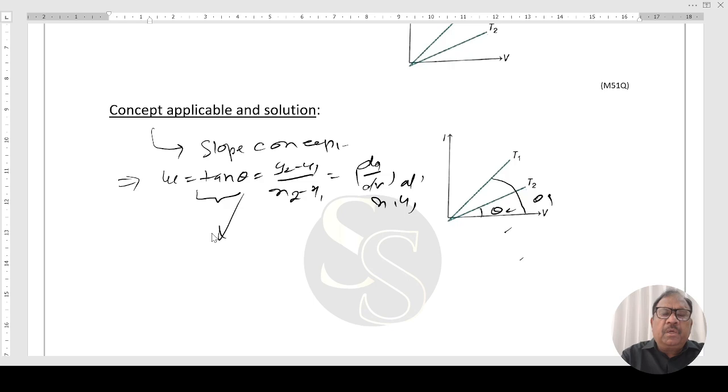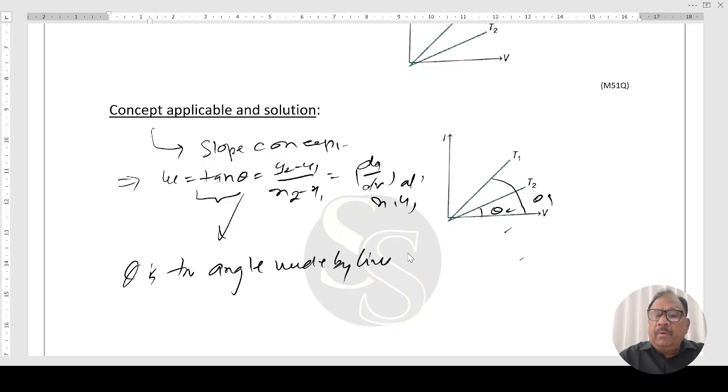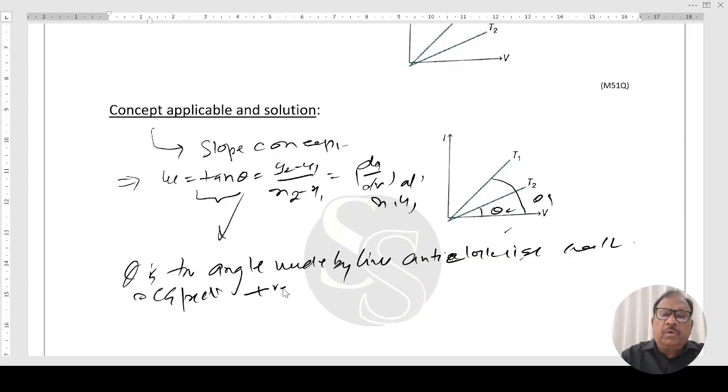For slope, theta is the angle made by the line anti-clockwise with respect to the positive direction of the x-axis, right?